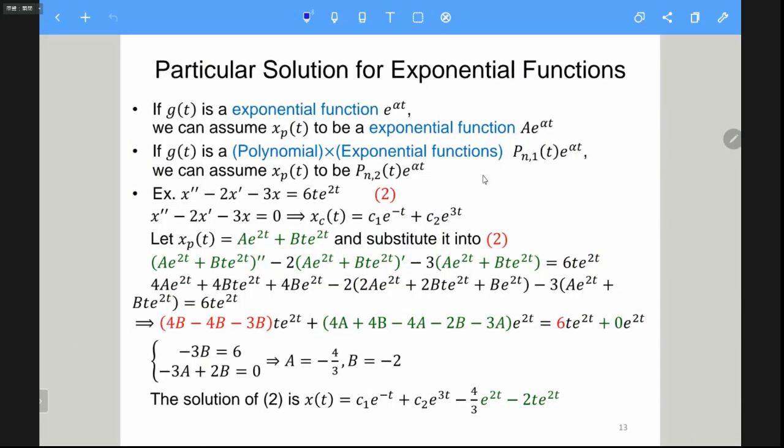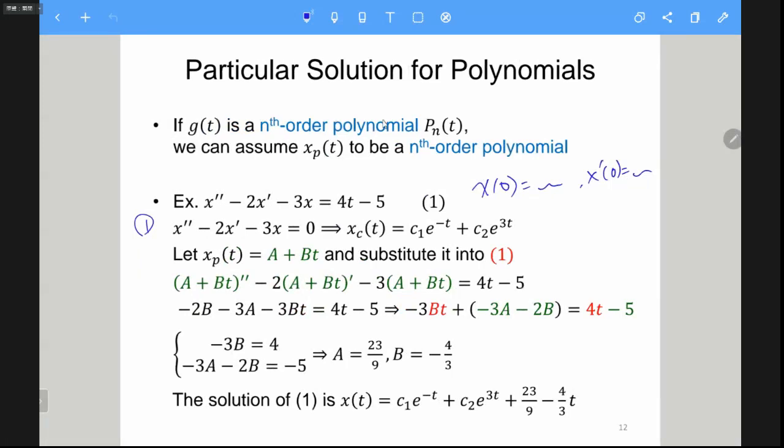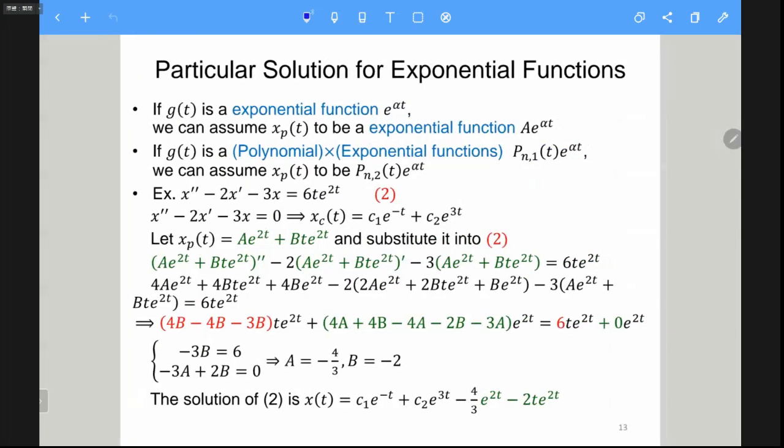Okay, so this is actually the first type, which is about the nth order polynomial. So next, we talk about the exponential function, or the polynomial times the exponential function.